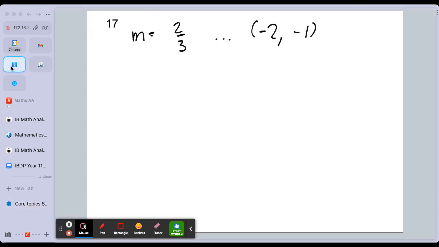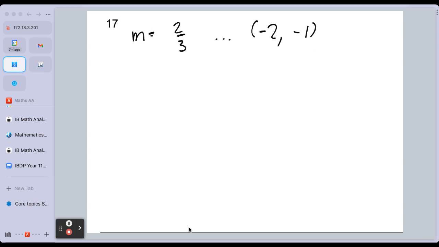Okay, so this is the information, and we're told it needs to be in general form. So remember, general form is ax plus by plus d equals 0, or ax plus by equals d. Either way is fine. I would probably start with the form y minus y1, because it's more useful.